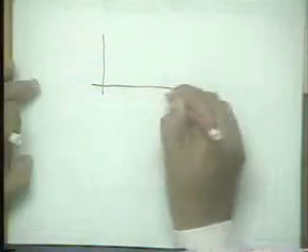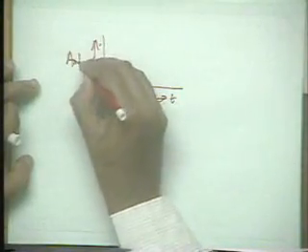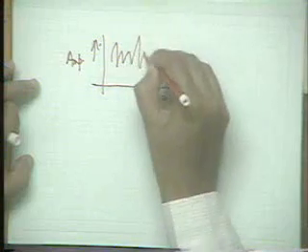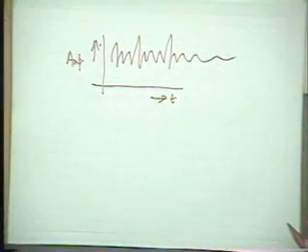Now, just to explain the terms high frequency filtering and low frequency filtering, here also we can draw a very similar analogy with time domain signals. Supposing we have a time domain signal of this nature.